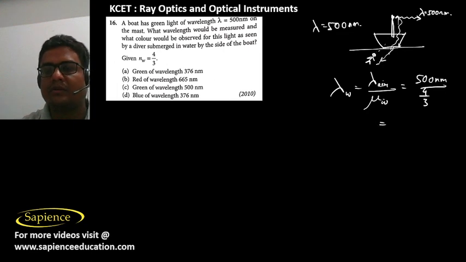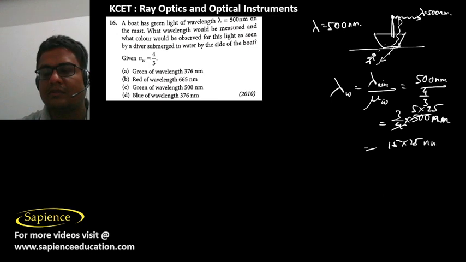It will be equal to 3 by 4 into 500 nanometer. 4 into 125 is 500, so 3 into 125 is 375 nanometer.